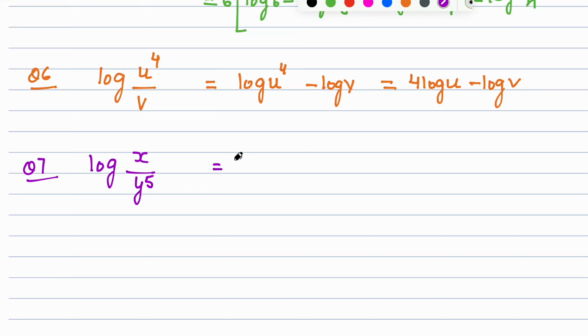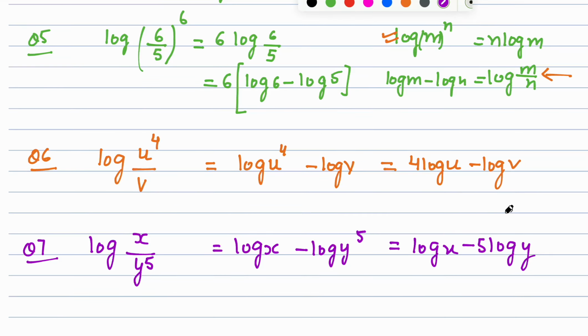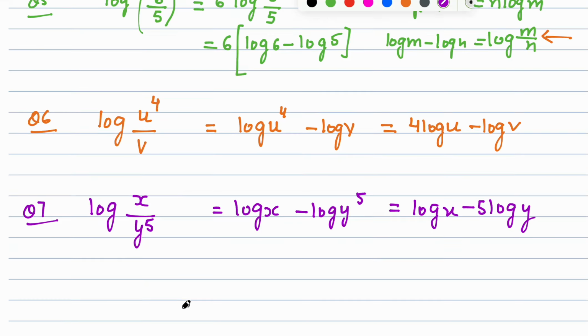So here it will be log of x minus log of y to the power 5, which is equal to log of x minus 5 log of y, right? So see, questions number 5, 6 and 7 have very little difference. I mean, the power is on the whole in the numerator and the denominator only. So how do we change the way we solve the question?